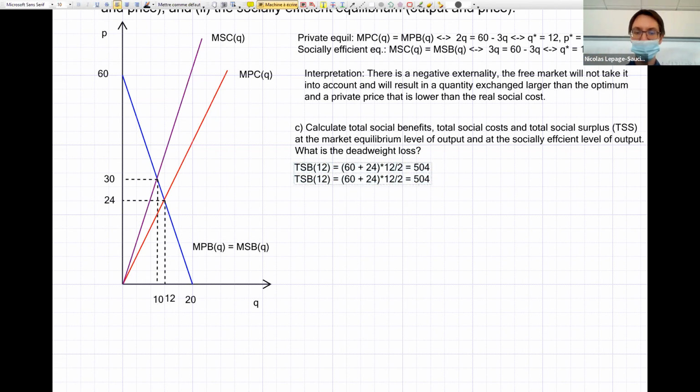Total social cost. So that's this triangle there. But of course, we don't know what the value is there. So what we're going to do is say it's 12 times 3 times 12, which is this level there, which is actually 36.